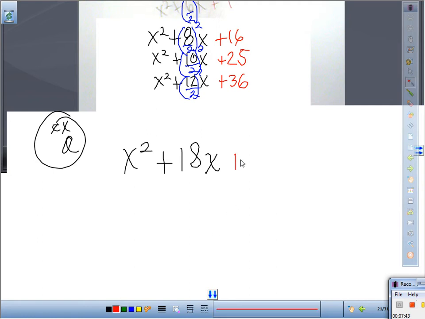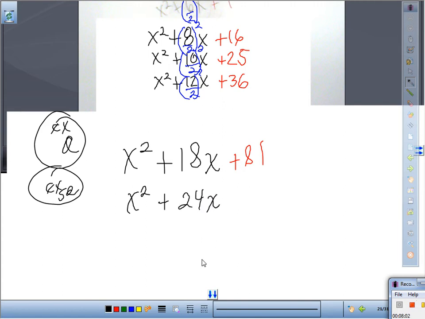Everyone? Plus 81. We got this, yes? All right. Example super Q. X squared plus, give me a number. Okay, 24x. On 3, everyone. 1, 2, 3. Plus 144.